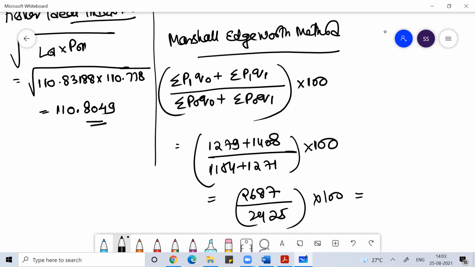Find this value: 2687 divided by 2425, into 100, gives 110.8041.